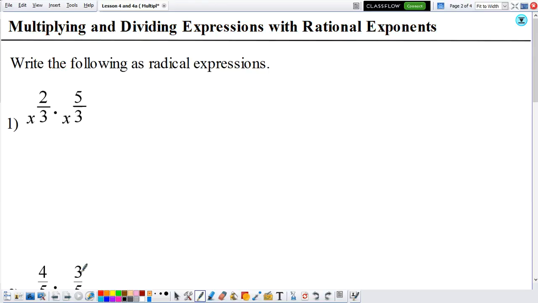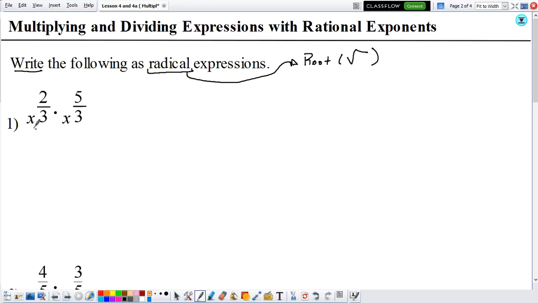So let's get started. The task is that we want to write the following as radical expressions. So we have this expression, and we need to rewrite it as a radical expression, which is just saying we need to write it as a root where we use this symbol.